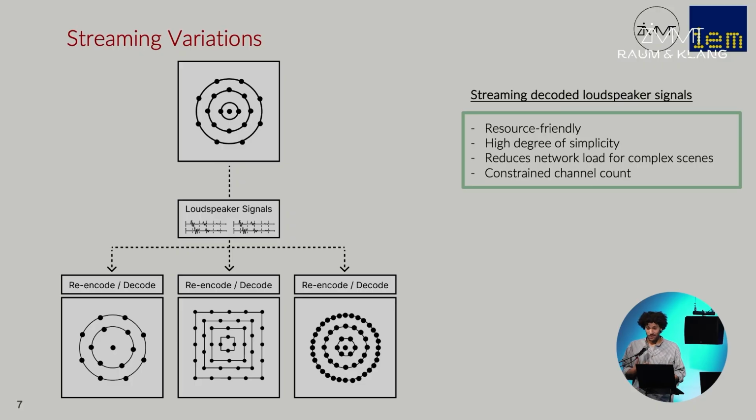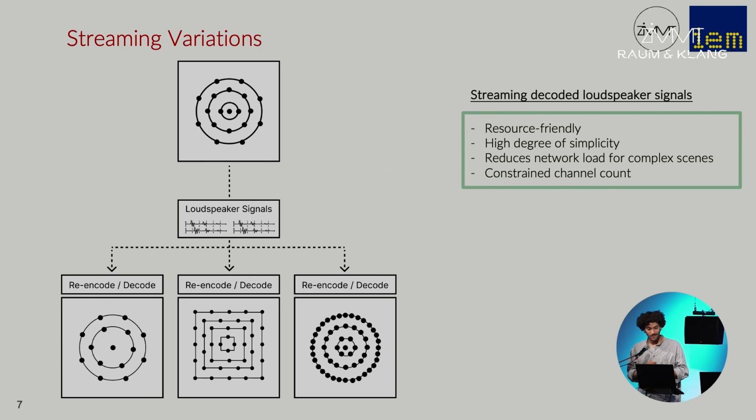When it comes to streaming, there are a few options. A quite resource-friendly approach is to stream the discrete decoded audio channels along with their coordinates, and then the receiving venue can reinterpret those as virtual sources and re-encode them by a rendering algorithm of choice.